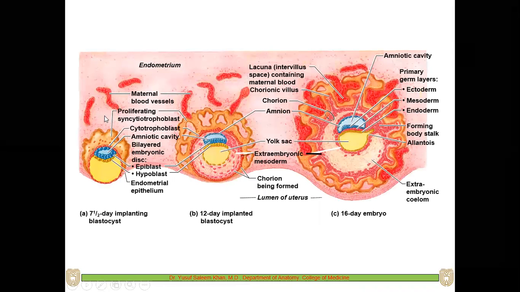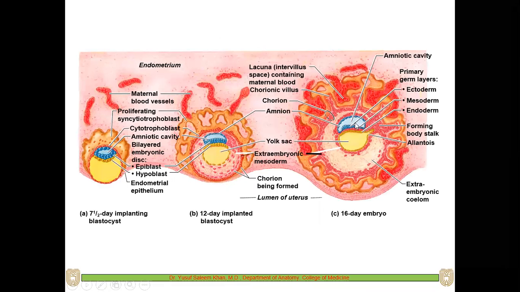If you remember, this is the endometrium, and here the developing fetus is in the two-layer stage. We studied the two-layer stage, then it becomes a three-layer stage, and here it has become the three-layer stage.